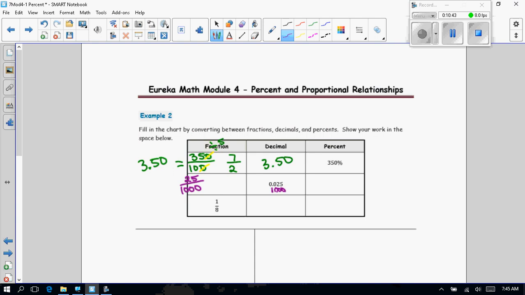So I could move the decimal point over, from right here to that spot. If I do it in one, I got to do it in both. So it really becomes 2.5 over 100. Okay, now it's a percent. 2.5 out of 100. Out of 100 means percent.